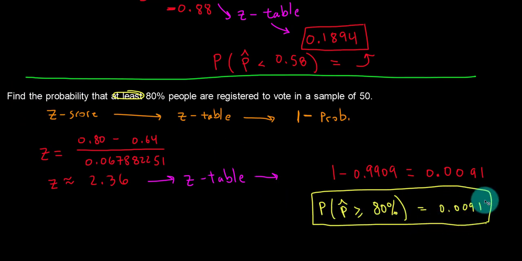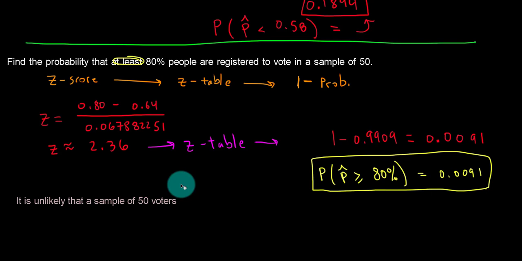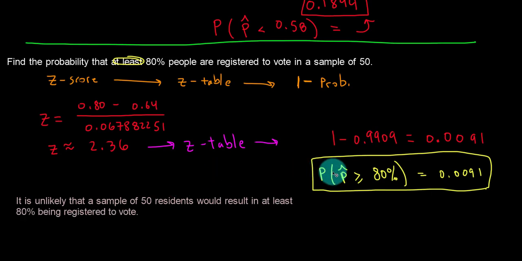Let's take a brief moment to analyze this value. Wouldn't you agree that that's a very low probability? Therefore, it's unlikely that a sample of 50 residents would result in at least 80% being registered to vote.